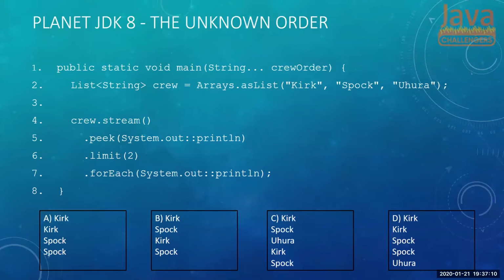So streaming the crew, peaking, limit of 2 for each. And you'll notice, so it looks like there's 4 outputs for A and B, and C and D have 5 outputs. So don't forget up there by the letter, there's an output. So, anything to stand out to anybody? Still working on the compiling?